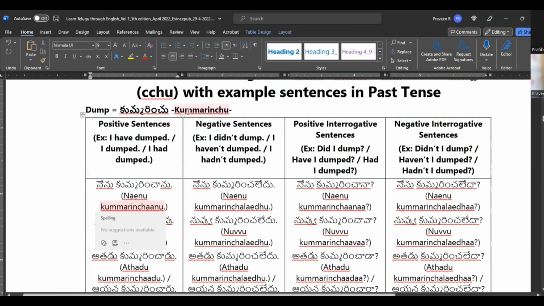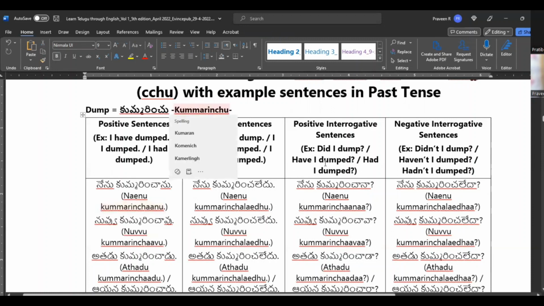Look at this kummarinchu, how it became kummarinchaledu, like that. Change anumatinchu to this form. Nenu anumatinchaledu. Perfect. Yes, correct.